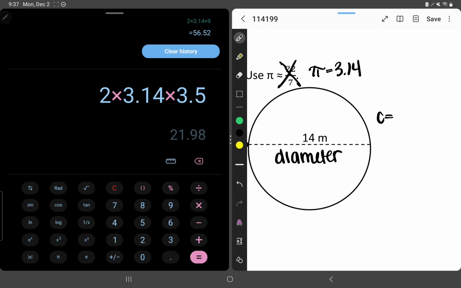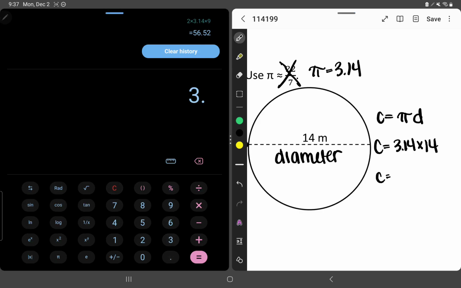That means that we're using circumference equals pi times diameter, or circumference equals 3.14 times 14. Which gives us 43.96.